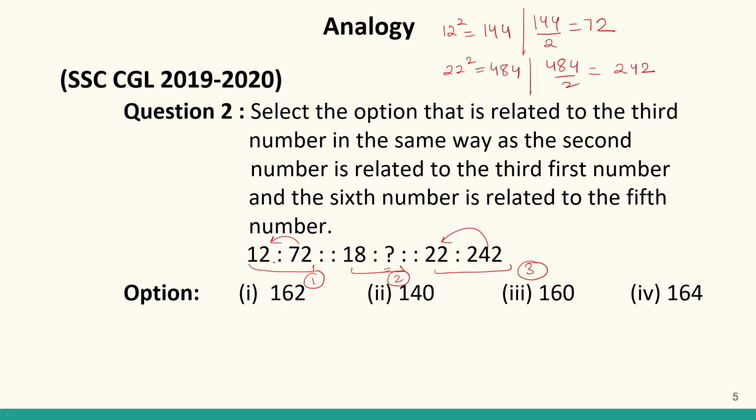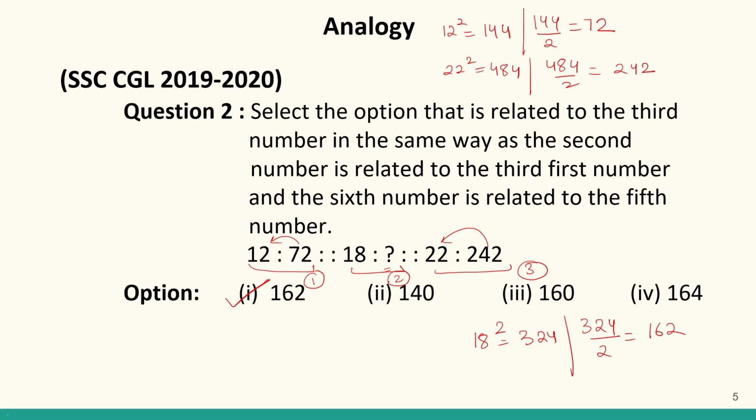So the same logic is used over here and the same logic is used over here. So we'll use the same logic for this as well. So 18 square is 324, and if I divide 324 by 2, I'll get 162. So 162 is in option number 1. So our correct answer will be option number 1, 162.